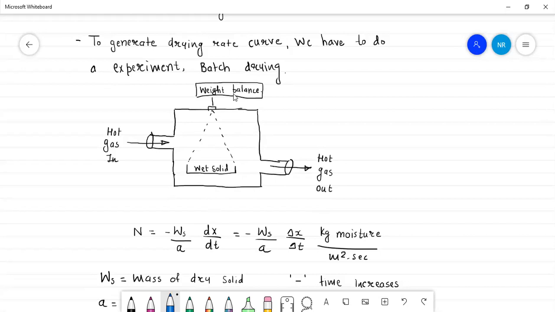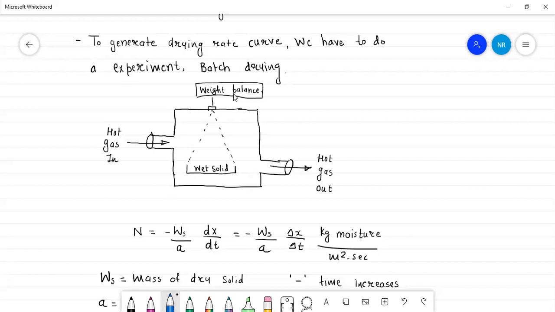Why is the weight of the solid decreasing? Once the mass transfer occurs, it means the moisture content decreases, so the weight of the solid decreases. At one point there will be no decrement of the weight. At that time the mass transfer stops, so equilibrium exists.